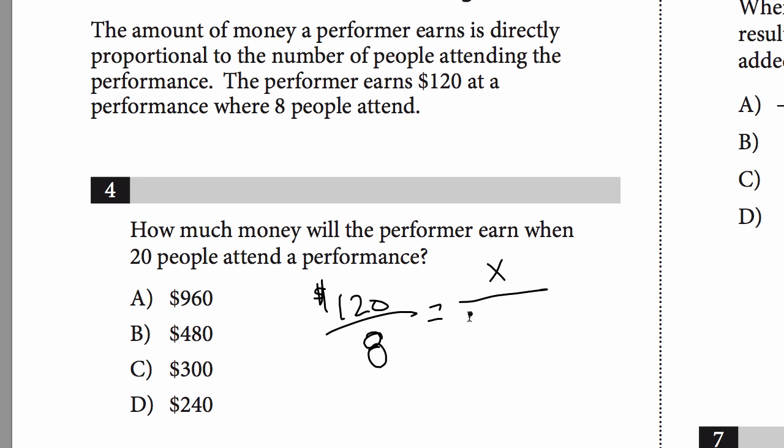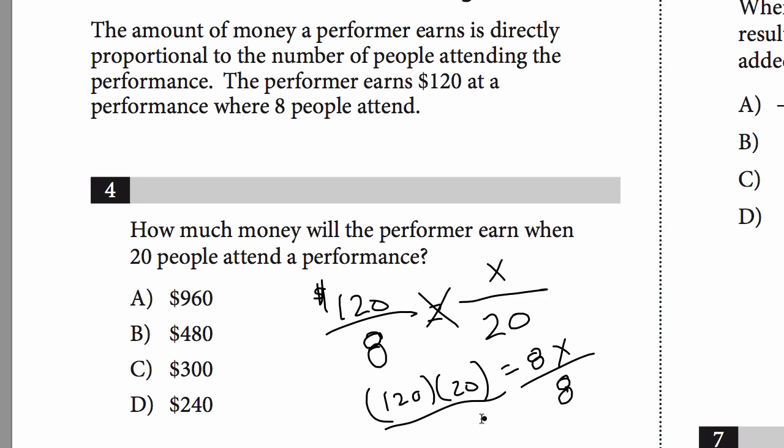We don't know, but when 20 people show up. So again, this is like the one we just did. It's just 120 times 20 equals 8x. I can divide by 8, and if you want, you can do the whole thing in the calculator. So you can do 120 times 20 divided by 8, and you get 300. Done. So x equals 300.